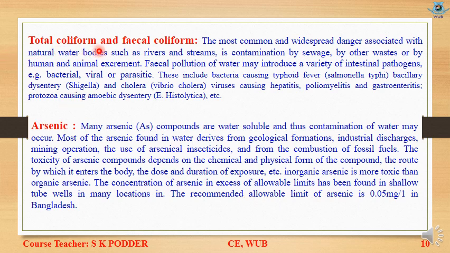Now, total coliform and fecal coliform. The most common and widespread danger associated with natural water bodies such as rivers and streams is contamination by sewage, by other wastes, or by human and animal excrement. Fecal pollution of water may introduce a variety of intestinal pathogens, that is, bacterial, viral, or parasitic.